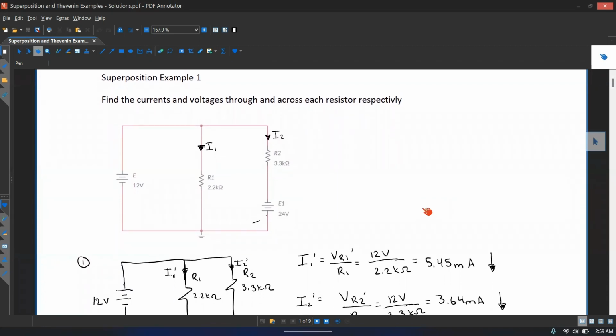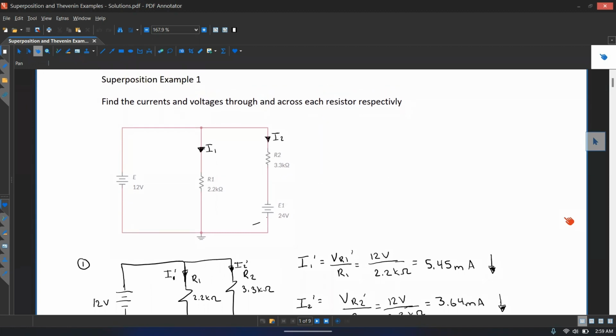Whenever you're approaching a circuit like this, where you have two or more sources, the method of superposition was created to simplify the analysis, to determine the effects each source will have on a particular resistor. And so it's kind of a long process, but it simplifies the analysis greatly.